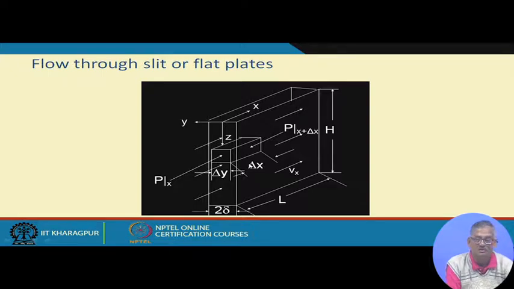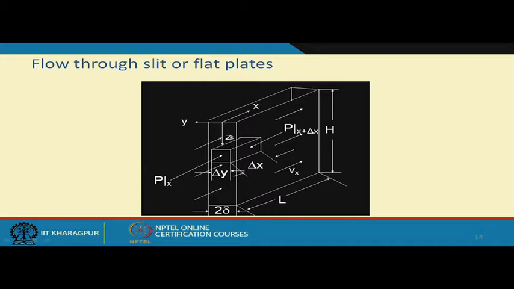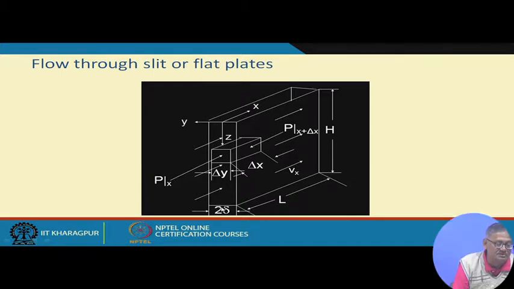We will do similar force balances as we have done earlier, and find out the velocity profile and the stress profile in the volume element, and then integrate over the entire range. Again, we have taken this as 2 delta, so the axis is at the center.